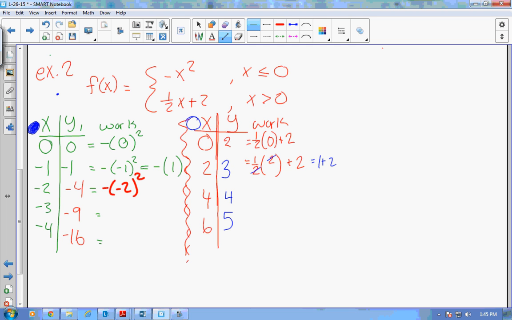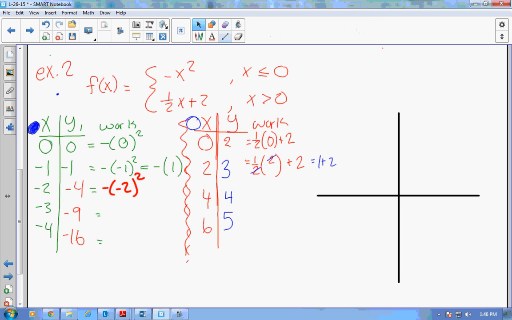If you look at the x's, we have both negative x's and positive x's. And the y's, we have negative and positive. So it looks like we need all 4 quadrants this time. And maybe the y, we need to go all the way down to negative 16, so I might bring that up a little bit.